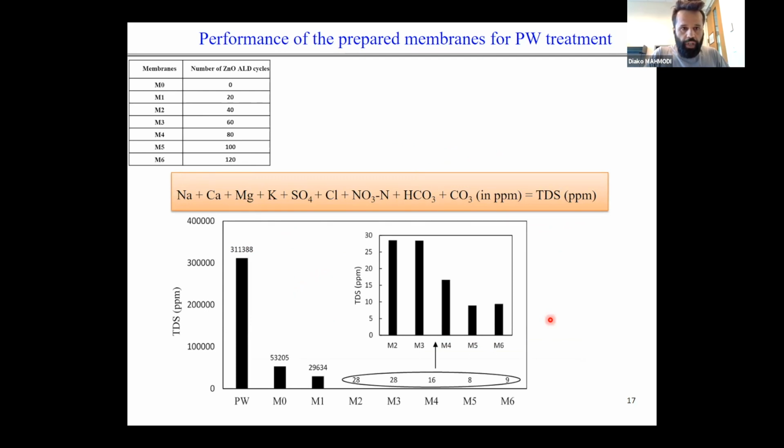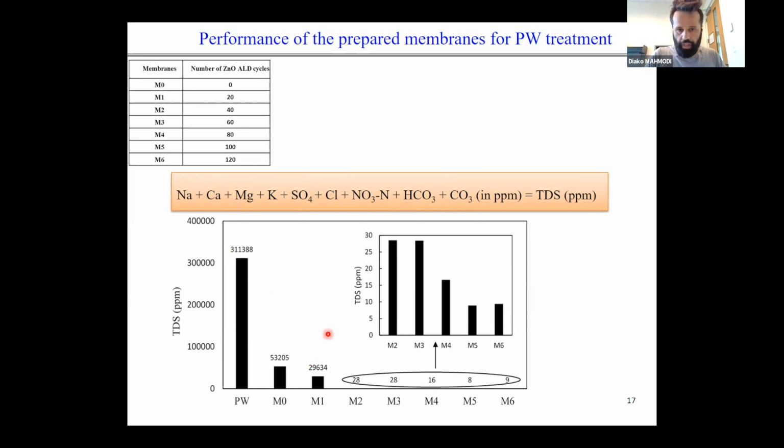Here is the TDS rejection. The produced water had like 300,000 ppm, which is too salty. By applying M0, the TDS reached 53,000. Again, this treated water is not good enough for agriculture or drinking water. After using M1, the TDS reached 29,000.